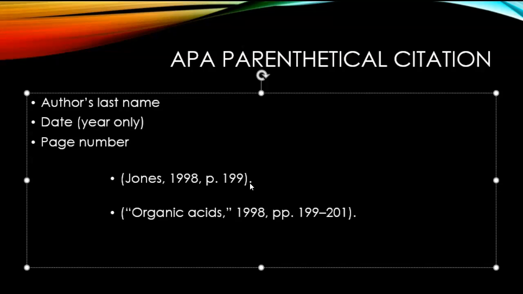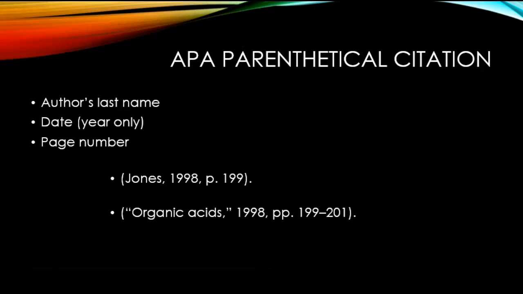If you want to list multiple page numbers, add the abbreviation pp. and then provide the page numbers. Remember, all punctuation and where they are placed is important in APA. Titles of books and reports are italicized. Titles of articles, chapters, and web pages are placed in quotation marks.